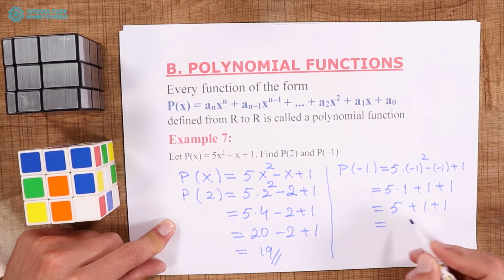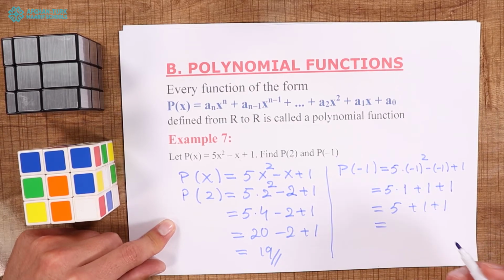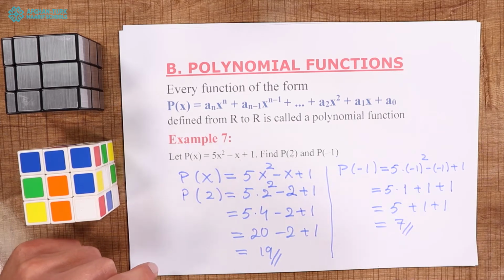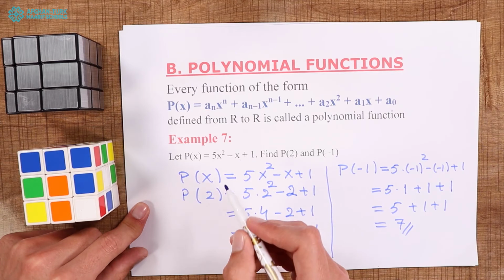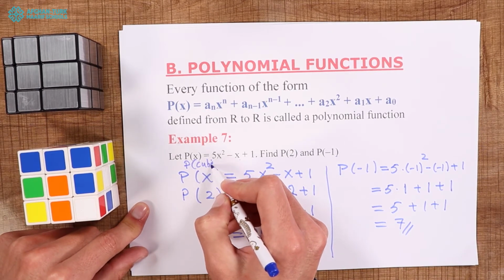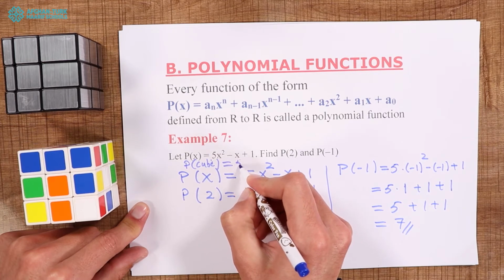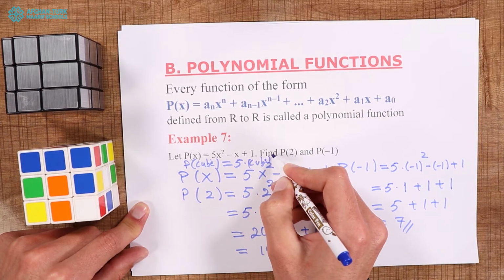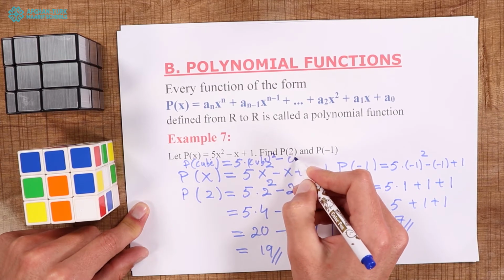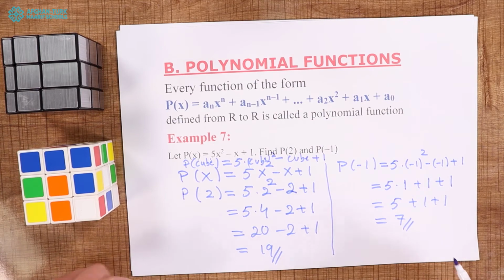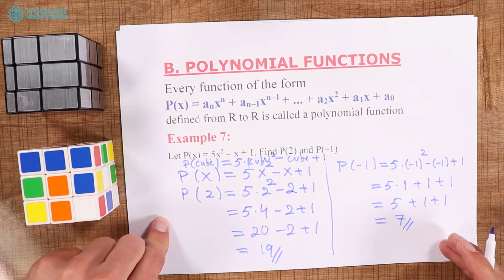So the result will be 5 plus 1 is 6, 6 plus 1 is 7. So if we substitute -1, the result will be 7. And you can put anything instead of x, as I said before. For example, p(cube) will be 5 times cube to the power of 2 minus cube plus 1.